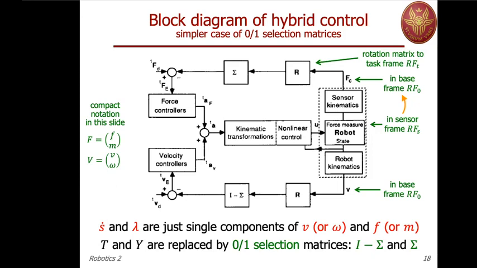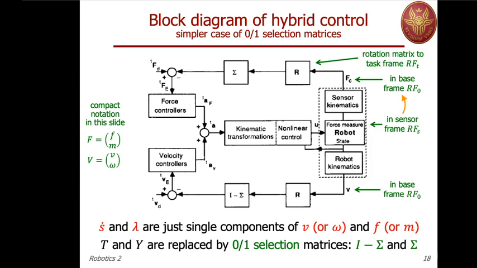So in the force loop, we will select only the admissible reaction forces that we are evaluating. In fact, there could be extra components in the Fc vector which are simply neglected, so those that are not consistent with the model of the interaction task.